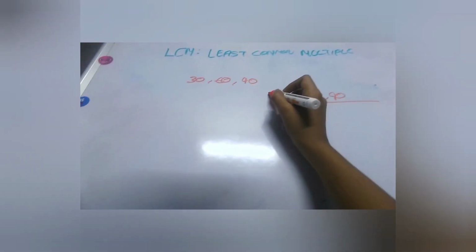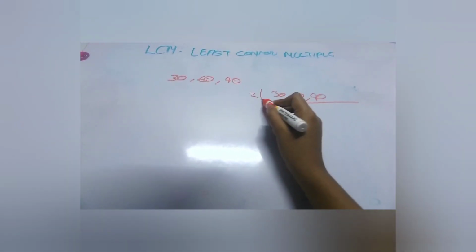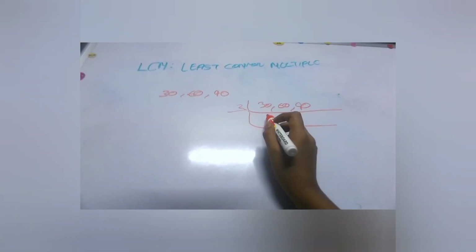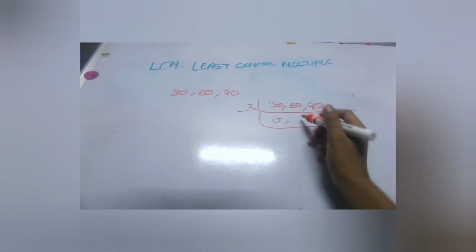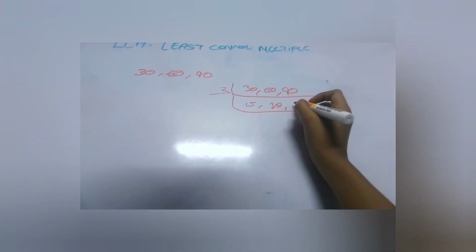So 2 can divide all these, and 2 is a prime number, so I take 2. 2 15s are 30, then 2 30s are 60, then 2 45s are 90.